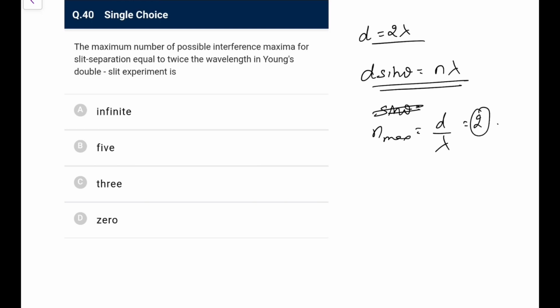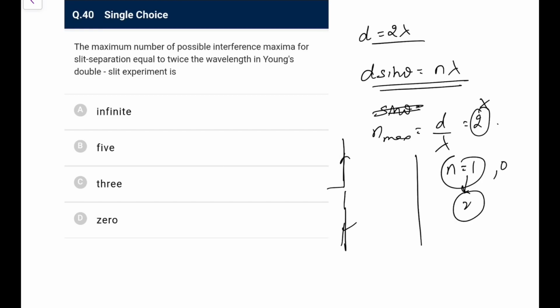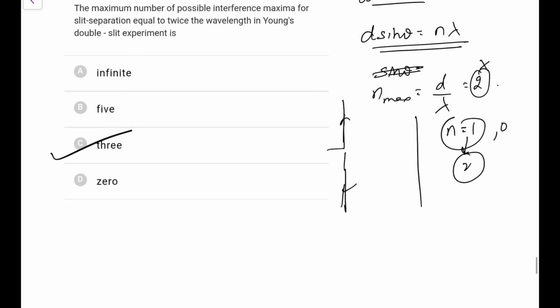But for this second one, the situation would be like this. The ray is going like this, so it won't fall on the screen, so I have to reject this n. So I'll only take n equal to 1 and 0, so 1 corresponding to maxima up and down, and 0, so I'll go for 3, not for 5, because 5 is not possible practically, because at 90 degrees the ray won't reach that screen, so go for only 3.